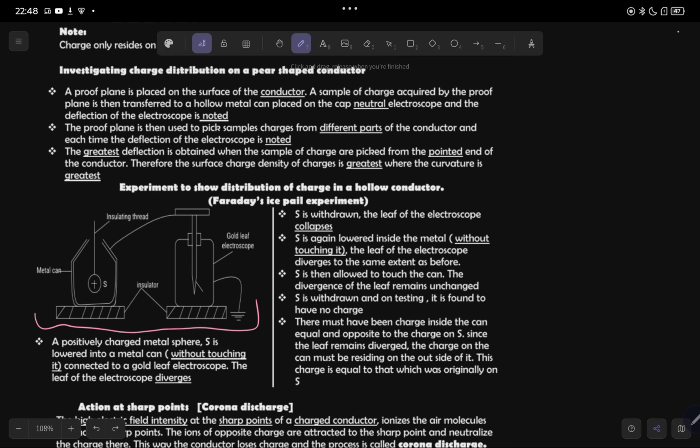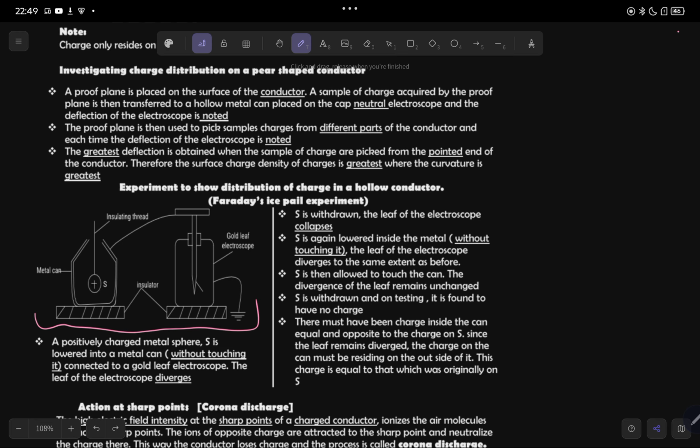Then they connect the metal can by means of a conducting wire to the cap of the gold leaf electroscope. In some experiments or in some books, they actually place the hollow can on the cap of the gold leaf electroscope. So it's a similar arrangement. The major point here is ensuring that the metal can is in contact with the cap of the gold leaf electroscope.